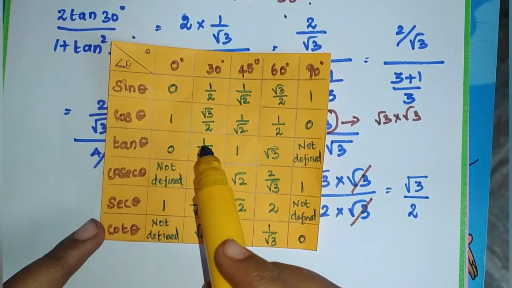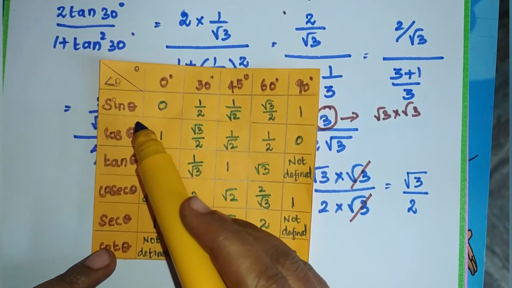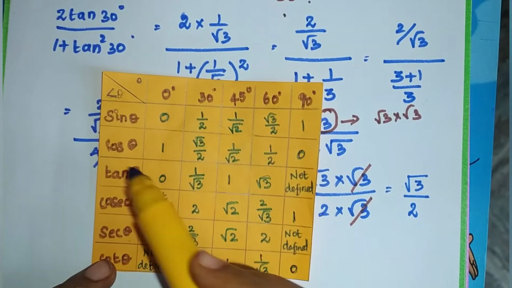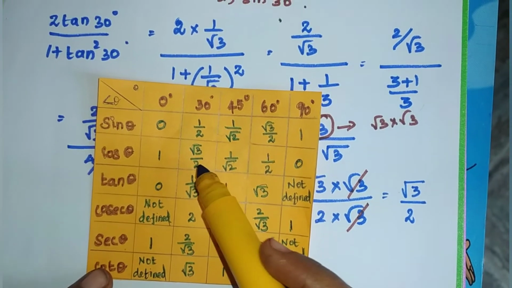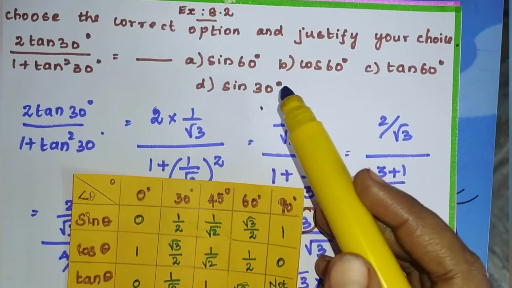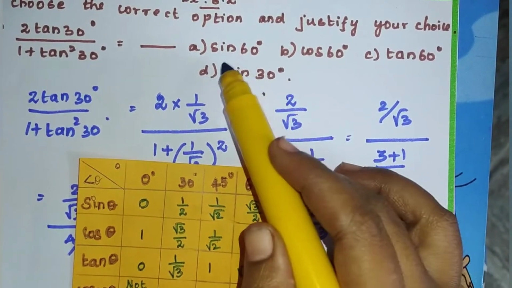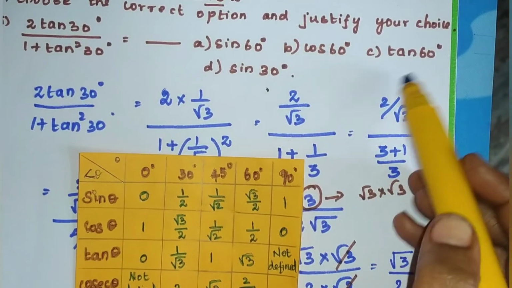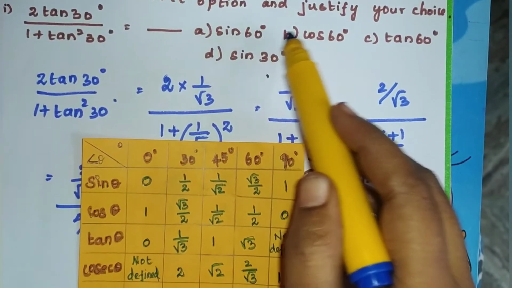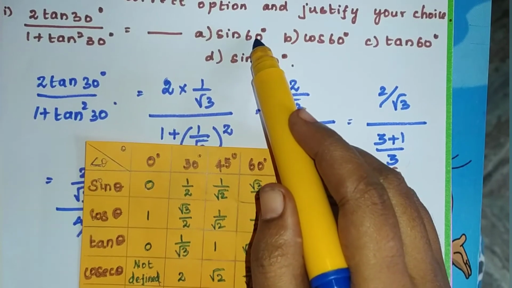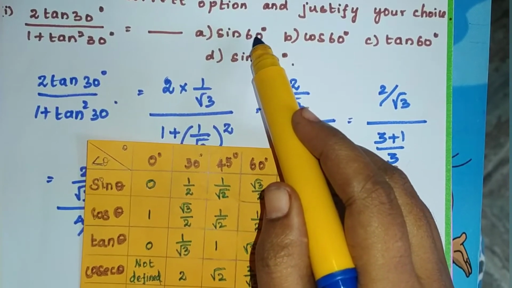Where do we have root 3 divided by 2? We have it in sin 60 degree and cos 30 degree also. Here we have cos 30 degree? No, we don't have cos 30 degree. Sin 60 degree, yes, we have sin 60 degree. So what is the answer?